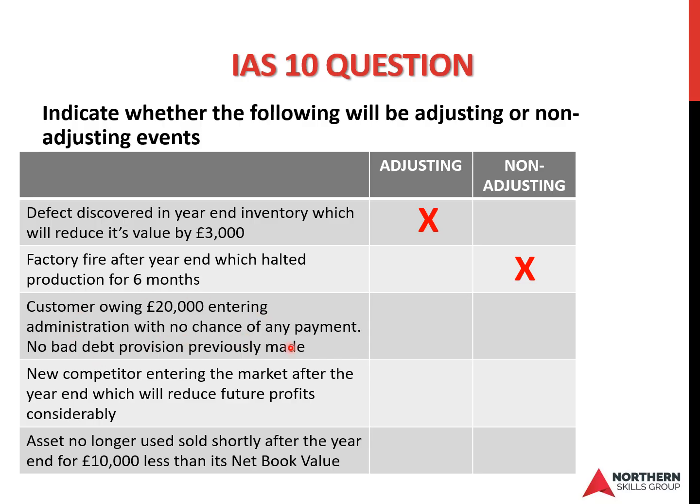But certainly in the exam, if you get this type of event, then the assumption should always be that if they've gone bust after the year end, they were already unable to make payments to creditors at the year end date. And so we don't want to ever overstate the value of assets, and that money owing to us is a current asset, so we've got to reduce its value to, in this case, 0. So that's an adjusting event.